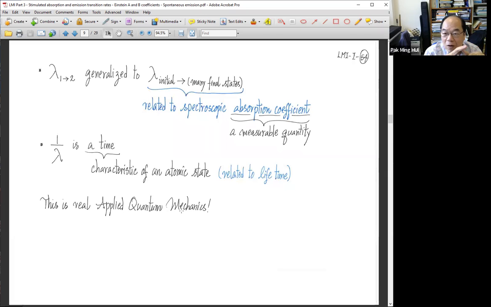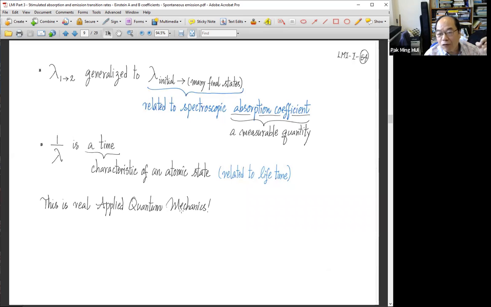What we got so far, if we flip it, is not exactly the lifetime, but it is proportional to the lifetime. For the following reason: the lifetime of an excited state is defined to be due to spontaneous emission, not due to stimulated emission.